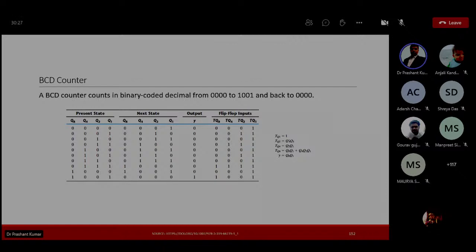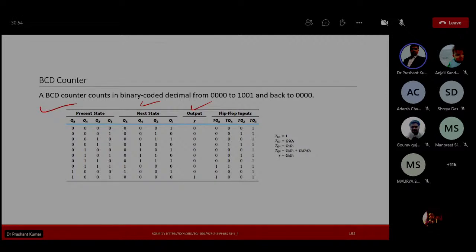And what was the sequential circuit design procedure? We have to go through maps and all those things. The state table of the BCD counter shows the present state, next state, and output. The inputs of the T flip-flops are obtained from the present state and next state conditions, also shown in the table. The output Y is equal to 1 when the state is 1001.